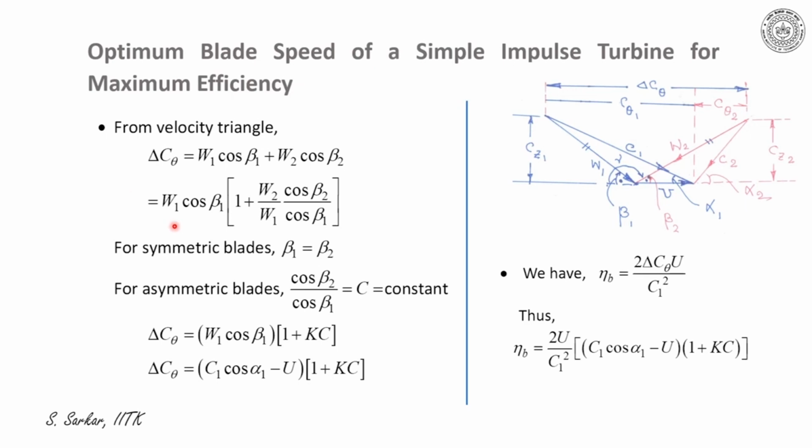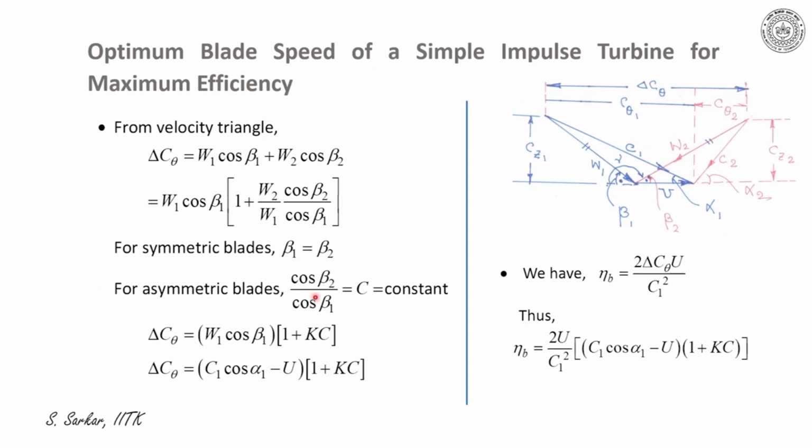indicated as W1 cos beta 1 within the bracket 1 plus (W2 by W1) into (cos beta 2 by cos beta 1). For a symmetric blade, beta 1 would be equal to beta 2. For an asymmetric blade, beta 2 and beta 1 are not equal.